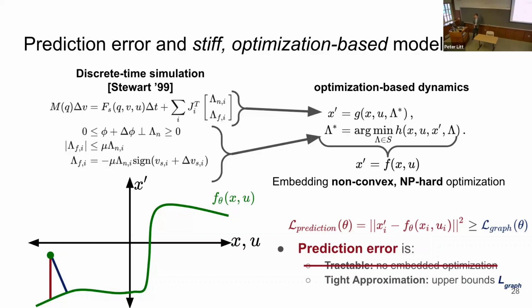And secondly, these models are stiff. So the graphs change very suddenly in the initial conditions. They have these near vertical sections, like the one near the x prime axis here. And if you consider a noisy data point that's very close to the graph of this model, then there could be a very large discrepancy between prediction error and graph distance. And so while it is still larger than graph distance, this discrepancy can be very large.